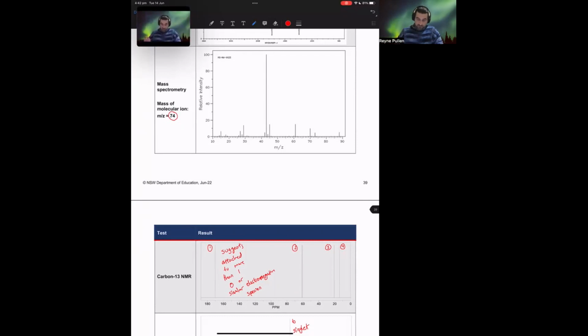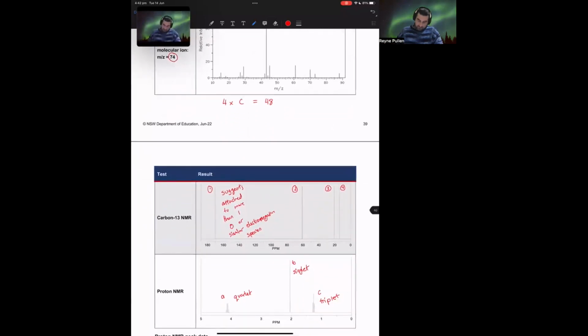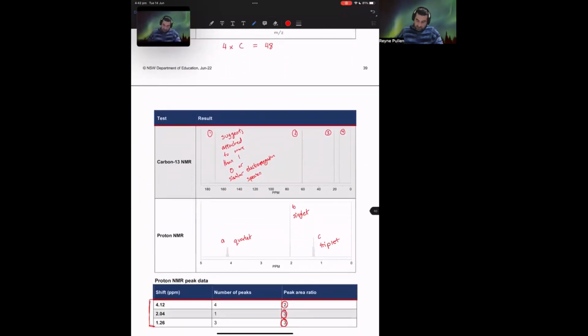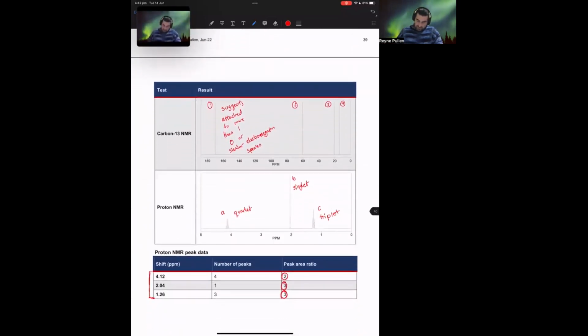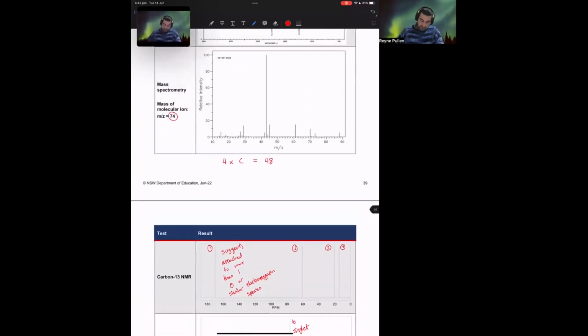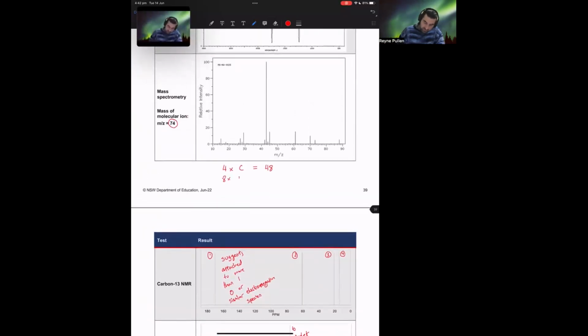That would suggest 4 carbons, which tells us 48 to go towards that 74. If we then look at our proton NMR, we can see there that there is, in the simplest ratio again, 8 protons present. So we've got 8 protons present, which brings us up to a total of 56.